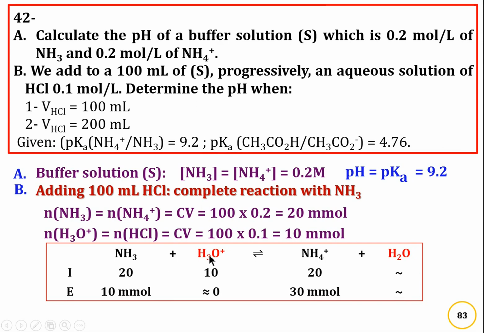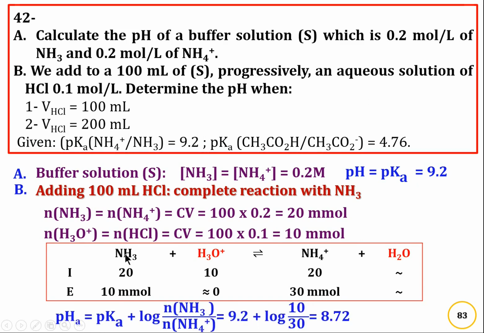This reaction is complete. So initially we have 20, 10, 20. At t equal infinity, H3O plus is limiting. So we have 20 minus 10 equal 10 millimole of NH3 remaining, and we have formation of 20 plus 10 equal 30 millimole of NH4 plus.